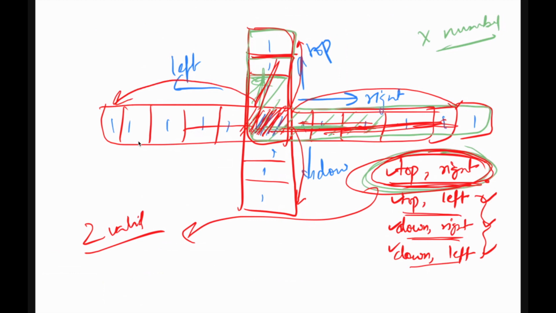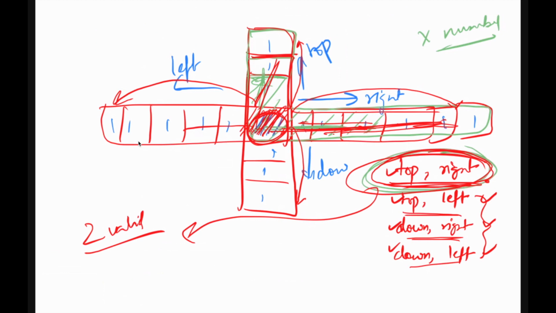By the total number of ones here, I am talking about the total number of consecutive ones including that particular shared cell. If we are able to get the total number of ones in each of these directions, then we will easily be able to solve the question.